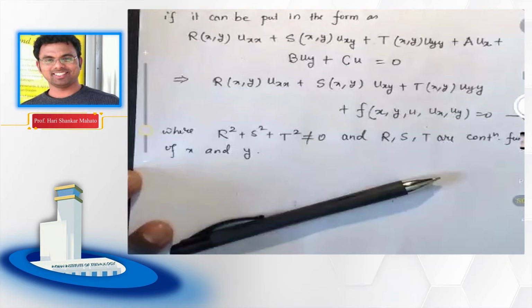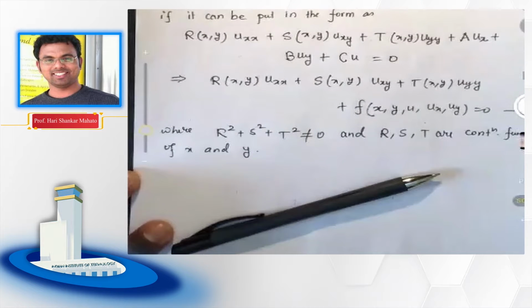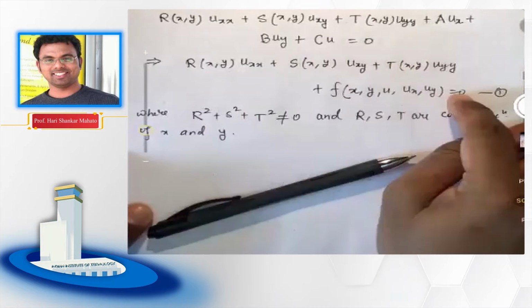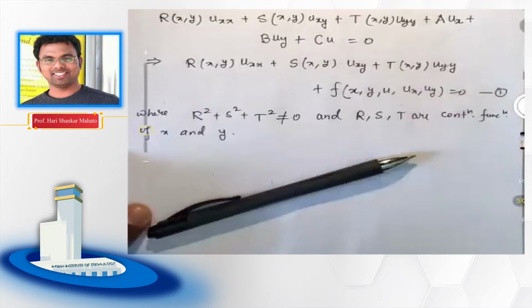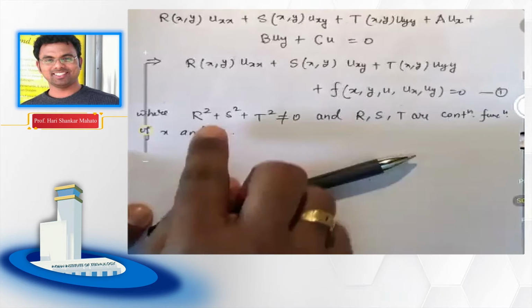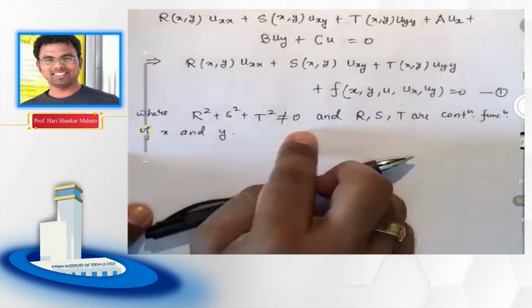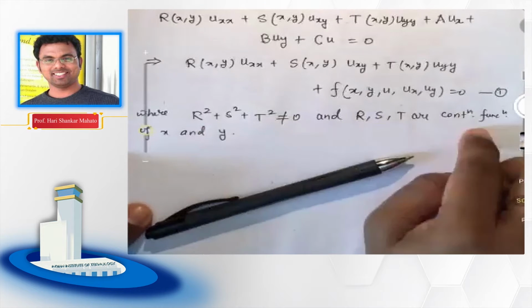When we talk about canonical form, we are mainly concerned with an equation of this type. Of course you will have first order terms, but we are mainly interested in how the coefficients of the second order terms behave. Together with that, we impose the extra condition that r squared plus s squared plus t squared is not equal to 0, and r, s, and t are continuous functions of x and y.